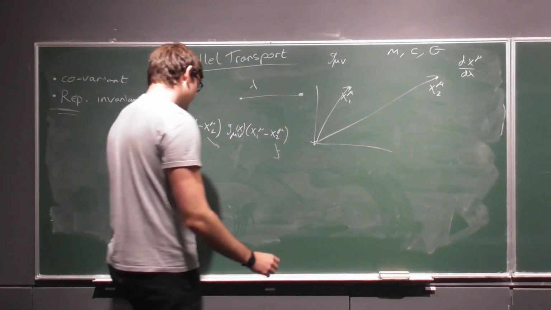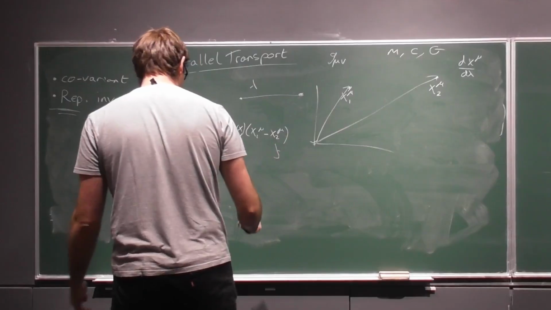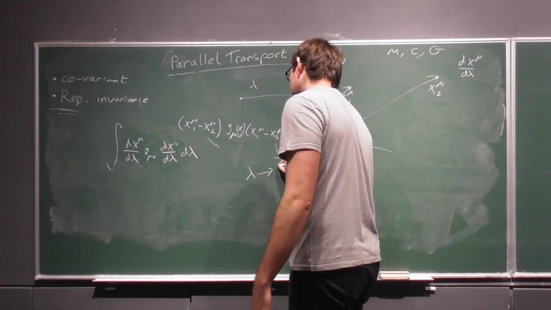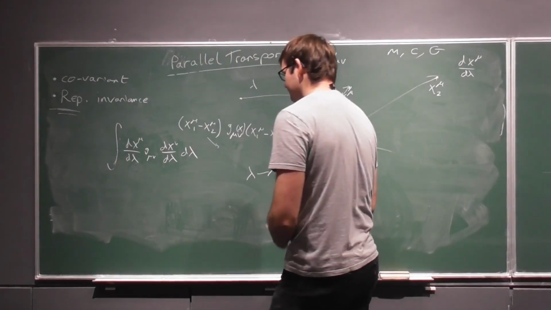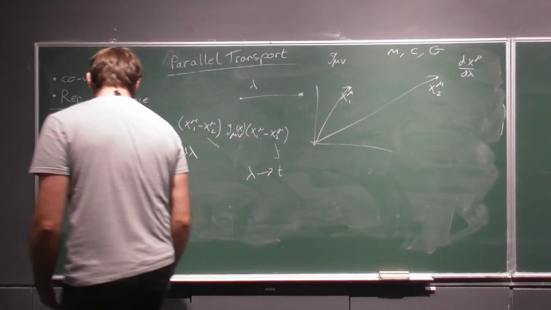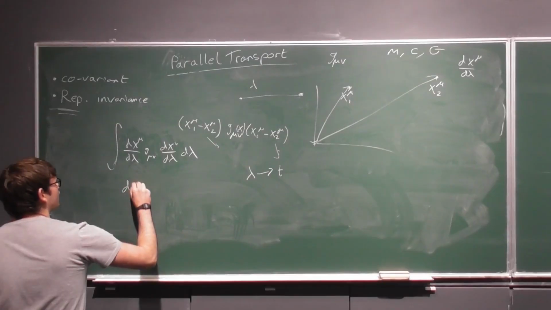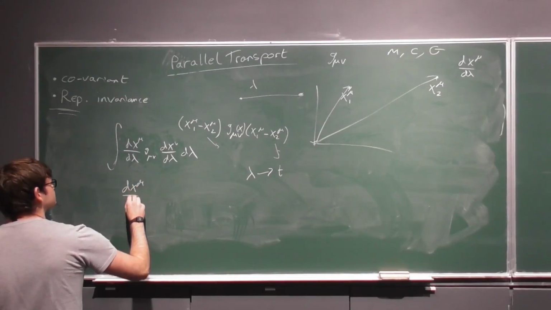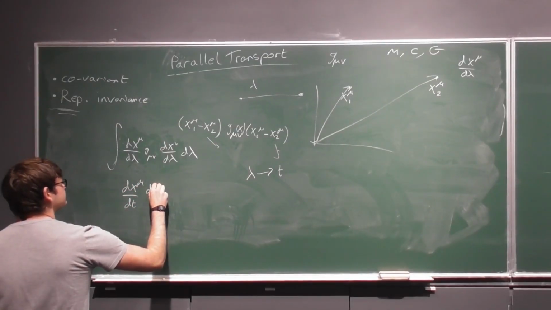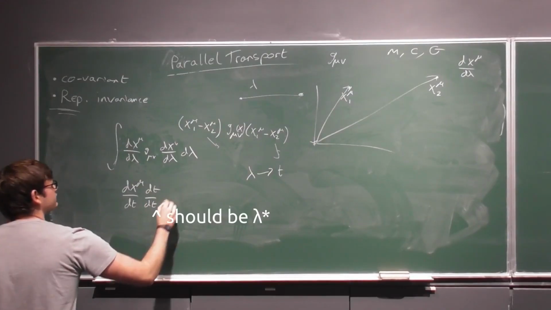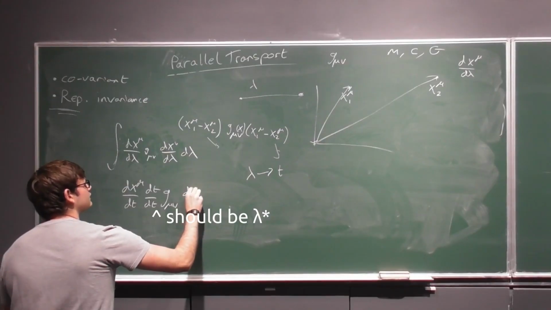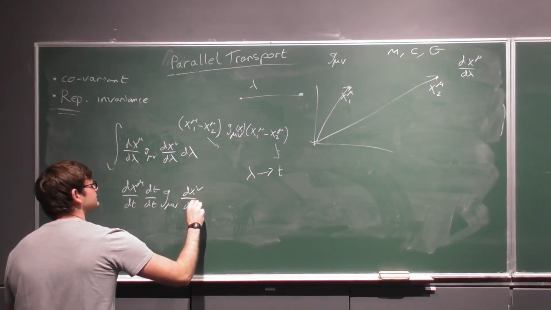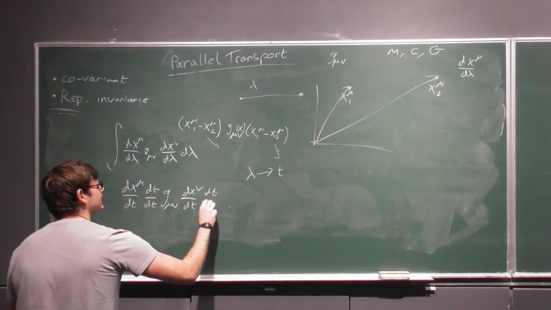The idea would be that we could change from lambda to some other parameter t. Then we could do the chain rule. So dx mu would go to dt, dt d lambda, then dx nu, dt, dt, d lambda.